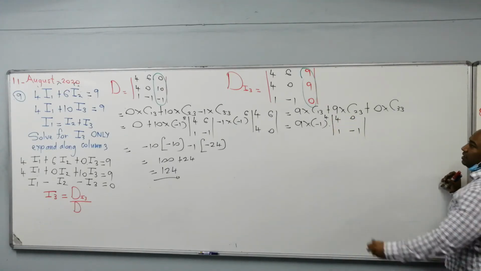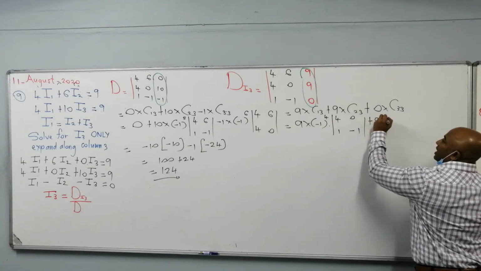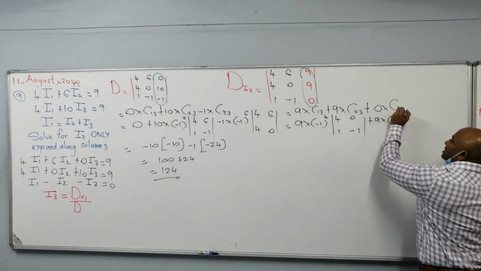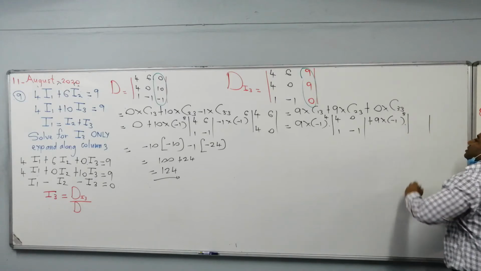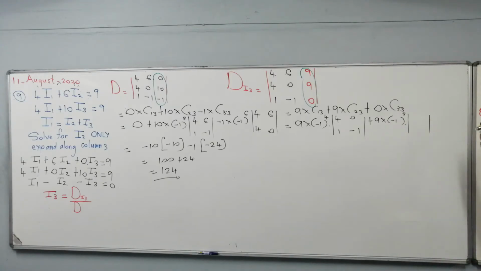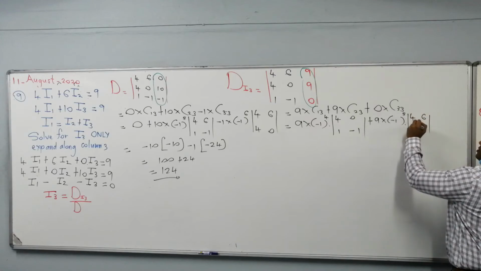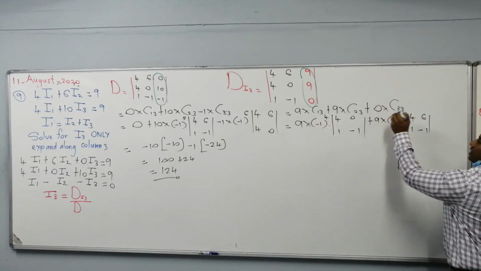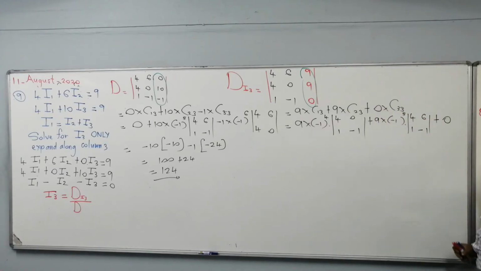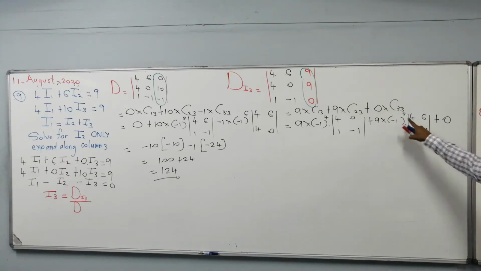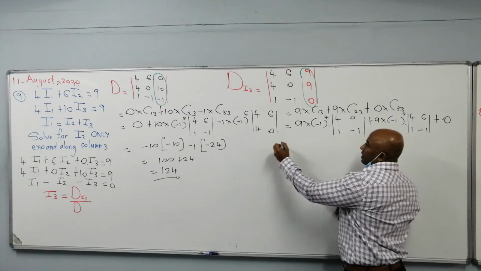Next one is plus 9 times minus 1 to the power 2 plus 3, which is 5. So now we got block row 2, block column 3, so we are left with 4, 1, 6, minus 1. And the last one here, we're lucky when we have a 0 because 0 times anything will be 0. So let's work out this here.